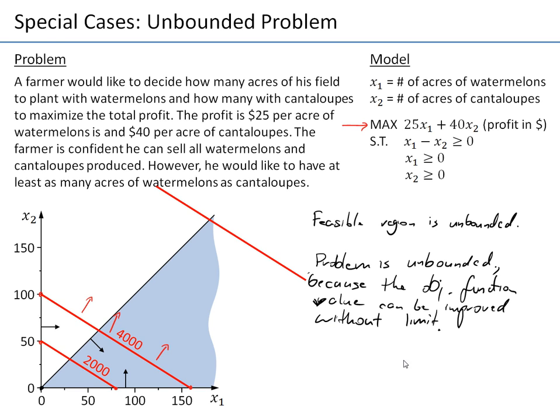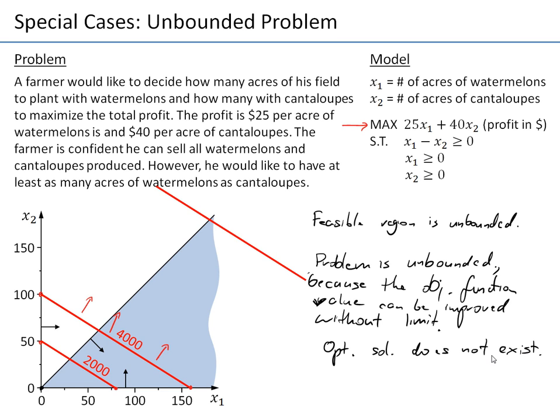Okay, so in this case, if the problem is unbounded, an optimal solution does not exist. Optimal solution does not exist because for any solution we choose, we can always show a better solution than this one.